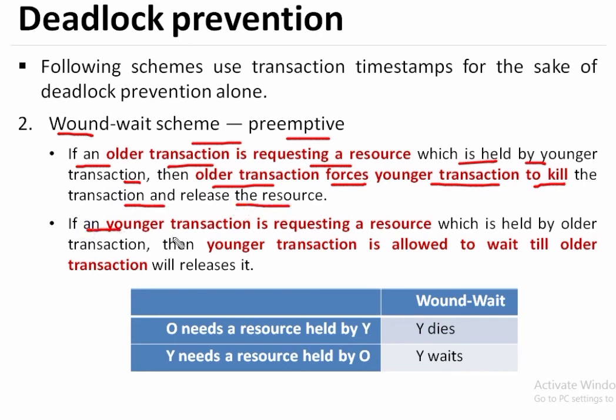If the younger transaction is requesting a resource which is held by the older transaction, then the younger transaction is allowed to wait till the older transaction releases the lock. So in wound-wait, if the older needs a resource held by the younger, then the younger should die, and if the younger needs a resource held by the older, then the younger must wait.